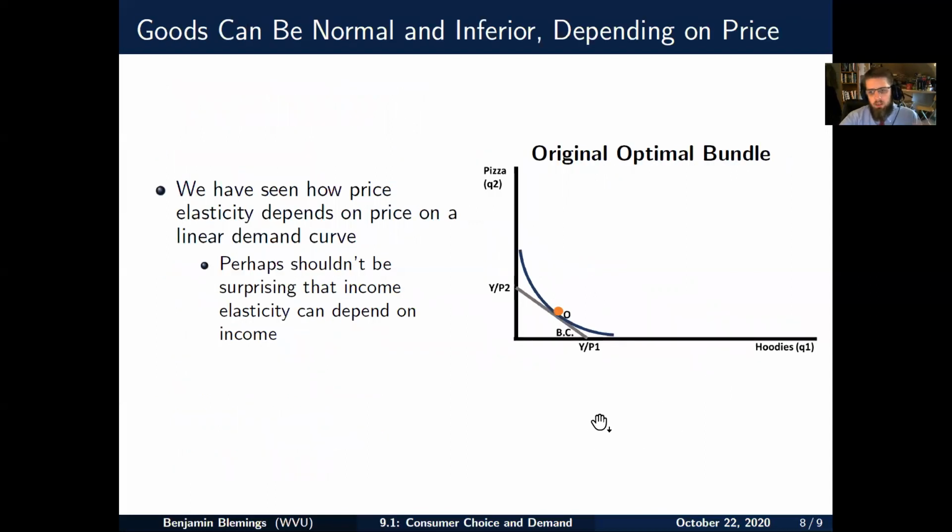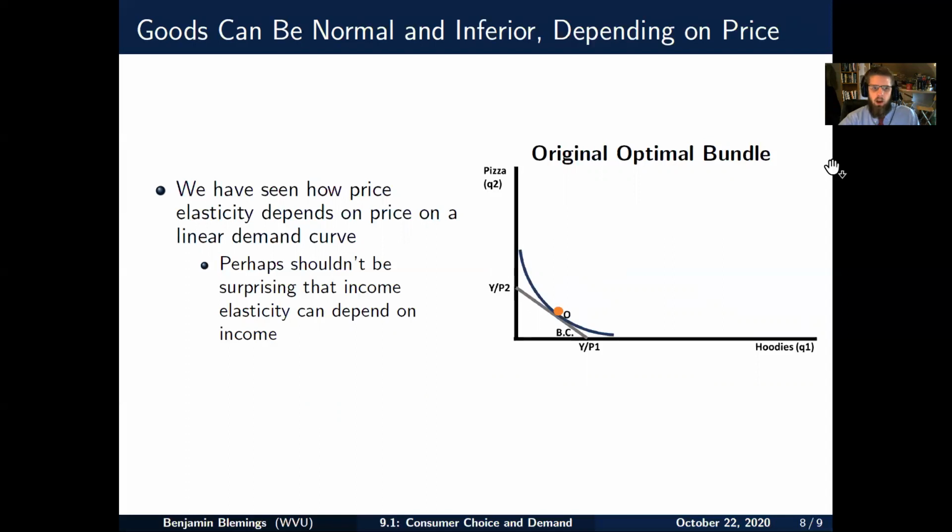The last thing I want to point out is that it can depend on your income whether or not a good is normal. Just like with price elasticity, we saw that closer to the y-axis the good was more inelastic, and nearer to the x-axis the good was, hold on, more elastic.